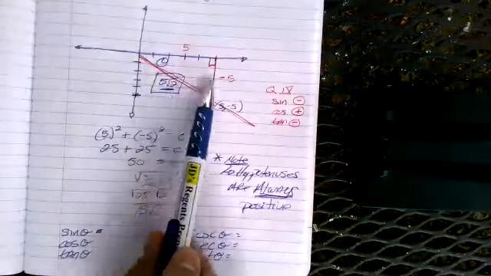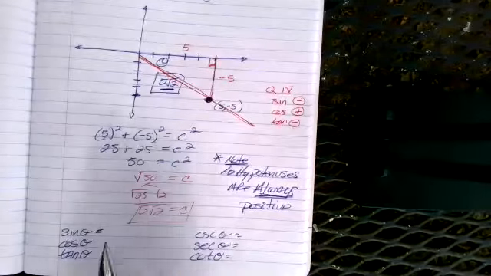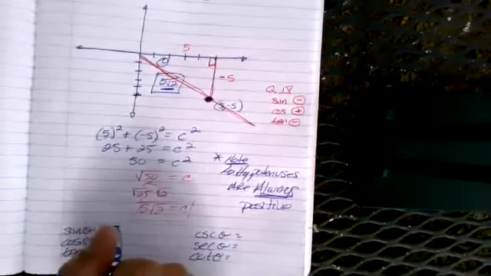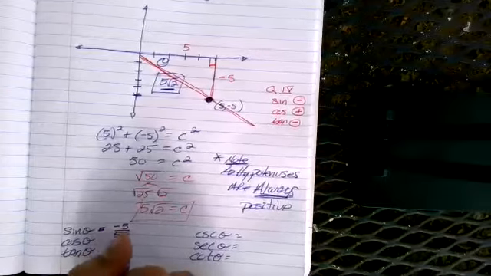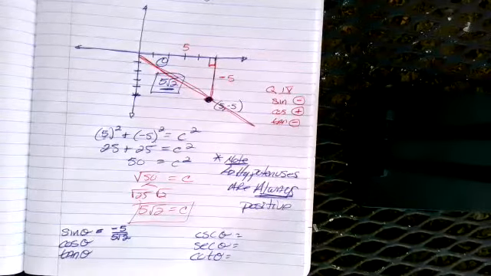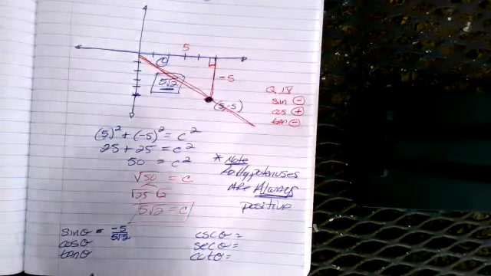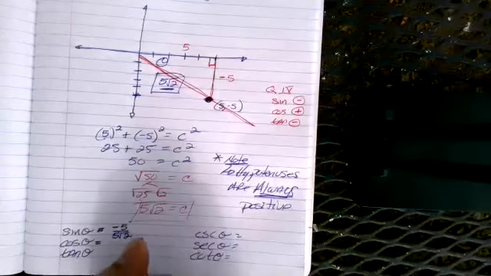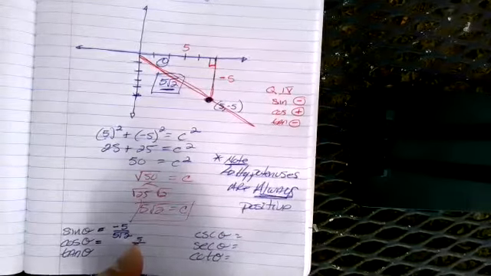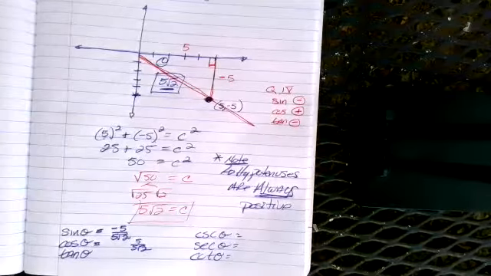My opposite over my hypotenuse would be a negative 5 over 5 rad 2. My cosine is my adjacent over my hypotenuse, so that's going to be positive 5 over 5 rad 2.